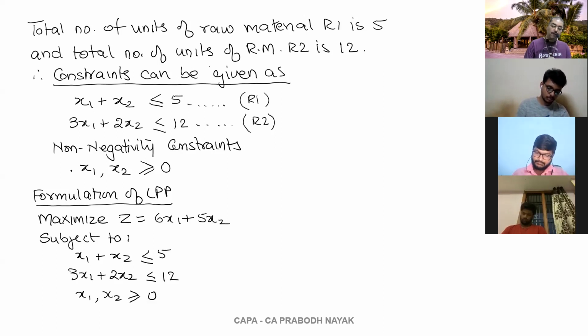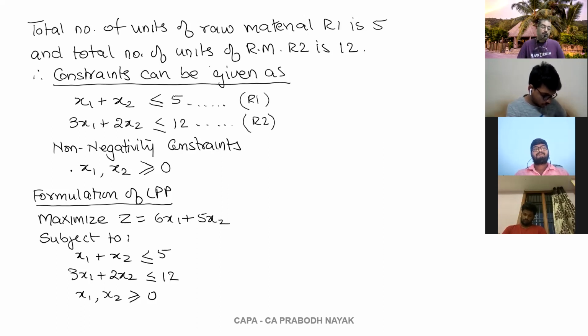This is called formulation of an LPP, where you write the objective function, maximization or minimization, subject to. The words subject to are important. You write any other word, it is of no use. Subject to, and you write the constraints one below the other.